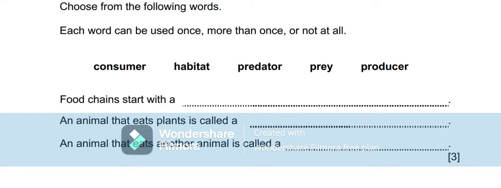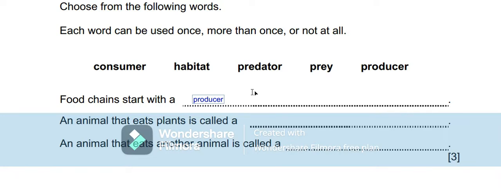The correct answer here is a producer. Each and every food chain begins with a producer. A producer, we are referring to any plant, any green plant, right? That's a producer.